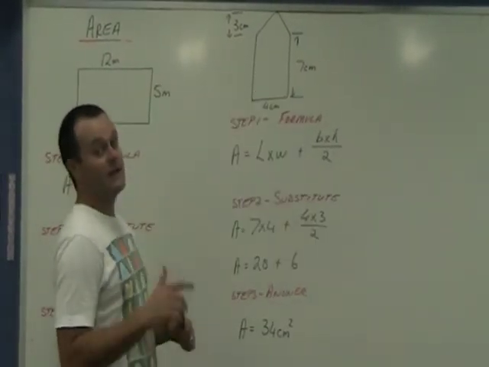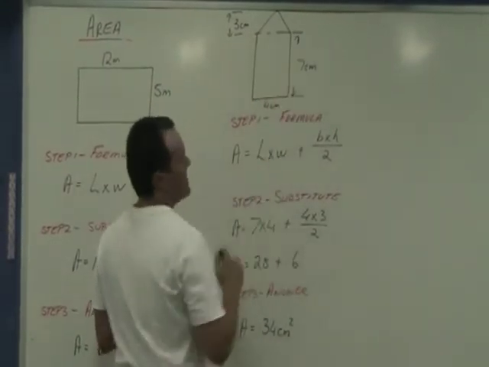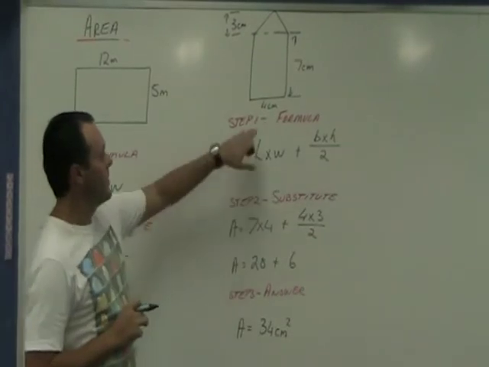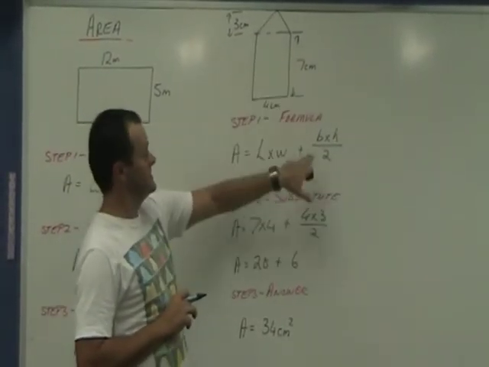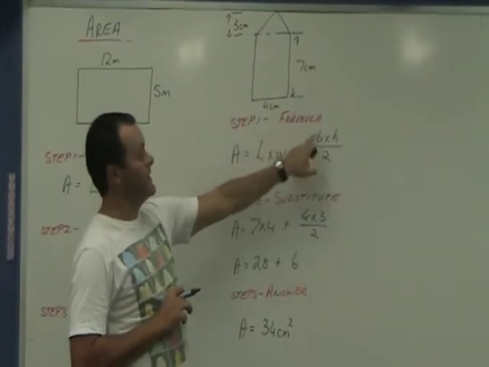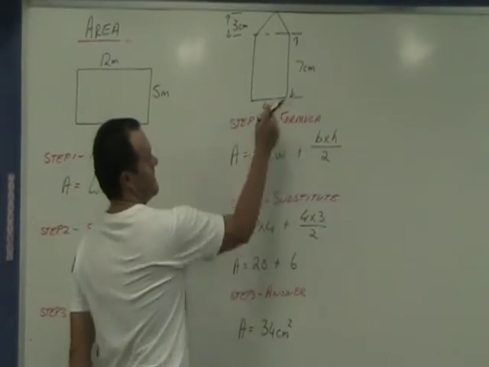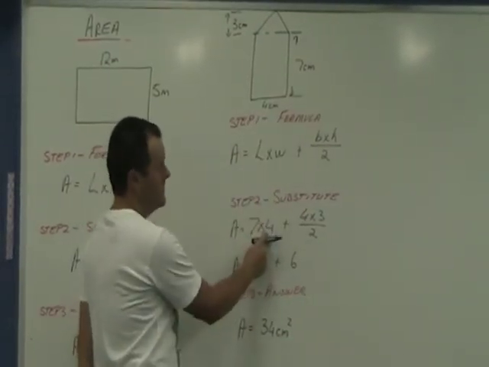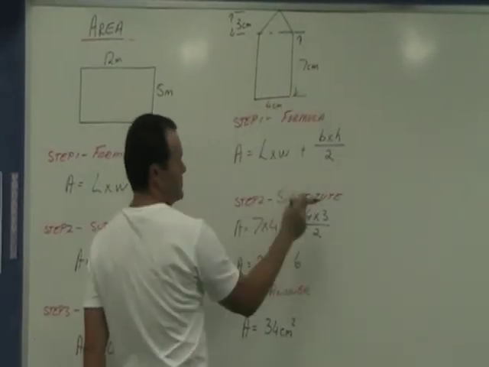This one up here, break it into the 2 shapes that we can clearly see. I'm going to cut it there, so I get a triangle up the top and a rectangle down the bottom. So, the area of the rectangle is length times width, plus the area of the triangle, which is base times height divided by 2. The length of the rectangle is 7, the width is 4, the base of the triangle is that bit there, which is also 4.